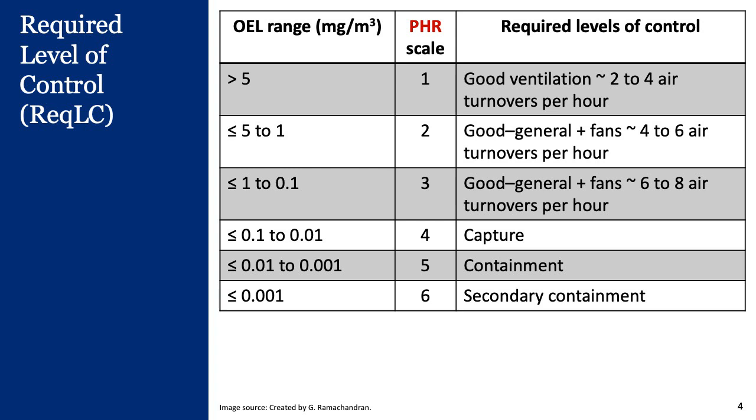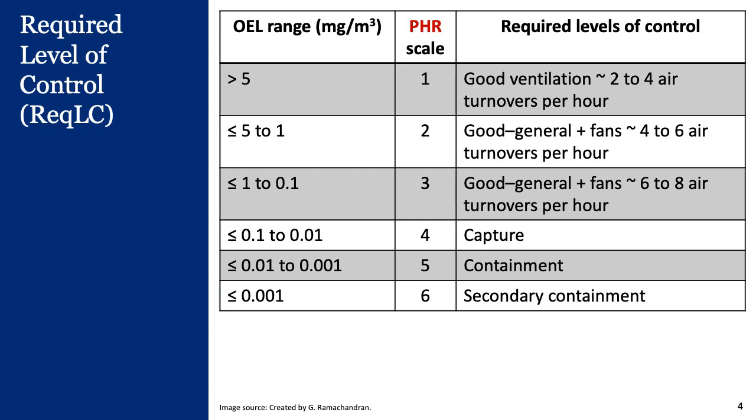If the occupational exposure limit is between 5 and 1, so it's getting a little bit more toxic, then we require good general ventilation. So we need 4 to 6 air changes per hour. If the OEL range is between 1 to 0.1 milligrams per cubic meter, now we need 6 to 8 air changes per hour.